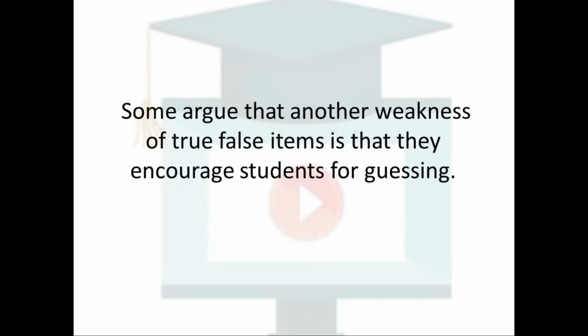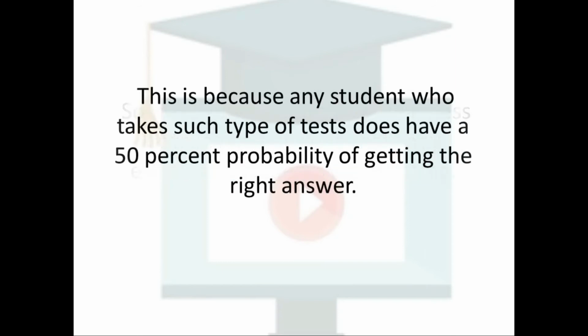Some argue that another weakness of true/false items is that they encourage students to guess. This is because any student who takes such type of tests has a 50% probability of getting the right answer.